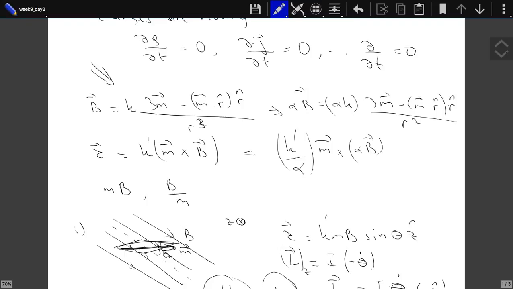Furthermore, I can choose a numerical value of alpha such that K and K prime are equal, not just have the same unit.